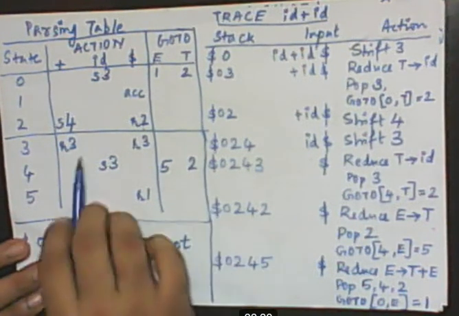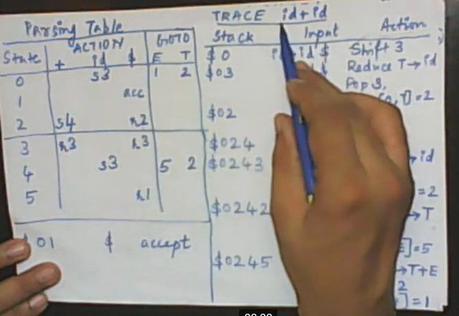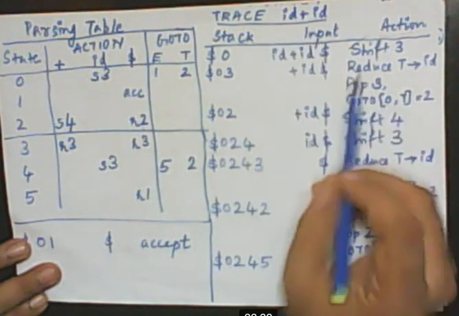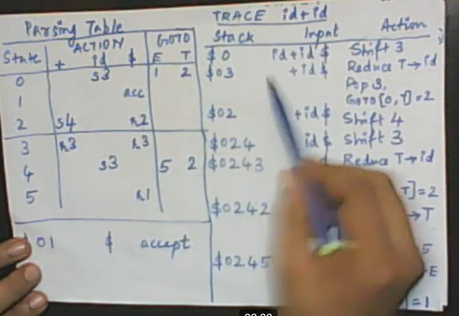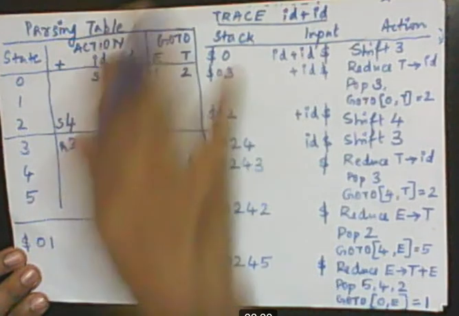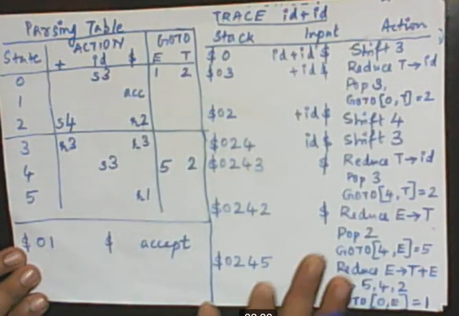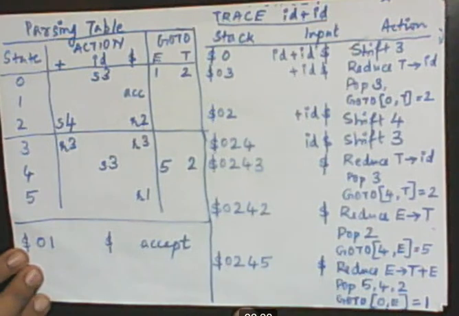You have those reduction operations here, and you have traced for this particular string, that is ID plus ID. So these are the steps. Actually the tracing and all is exactly the same. Since you have this parsing table, this portion is repetitive. It is the same as whatever you have seen for the other parsing techniques.